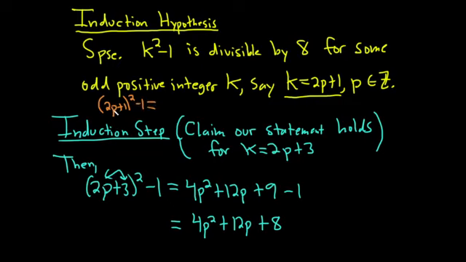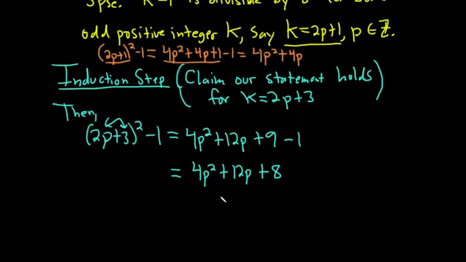Multiplying this out, that would be 4p squared plus 4p plus 1 minus 1. So that's basically saying 4p squared plus 4p is a multiple of 8. So down here, we're going to work with that. We have 4p squared, and we're going to borrow a 4p from the 12p, and then write it like this, plus 8p plus 8.